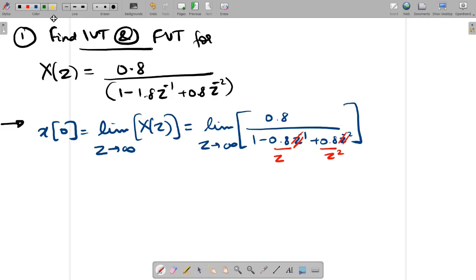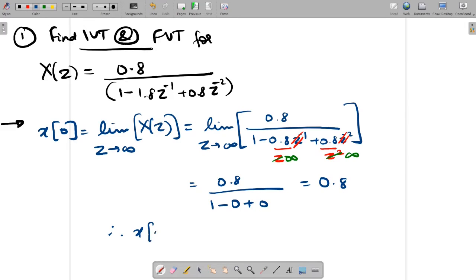Okay, so if you replace z as infinity, it is 0.8 upon infinity and 0.8 upon infinity square. So what is the answer you get? Therefore answer is 0.8 upon 1 minus, what is something upon infinity? 0. What is something upon infinity? 0. So what is the answer? 0.8. Therefore you can say x of 0 is equal to 0.8.